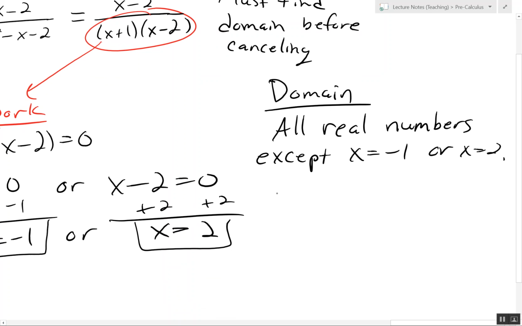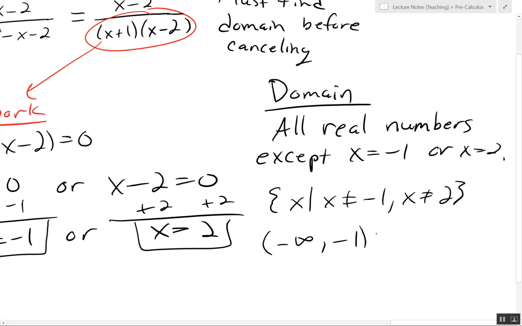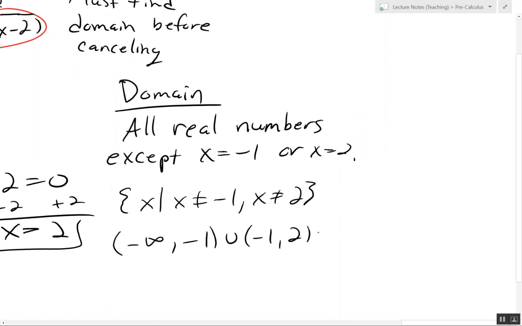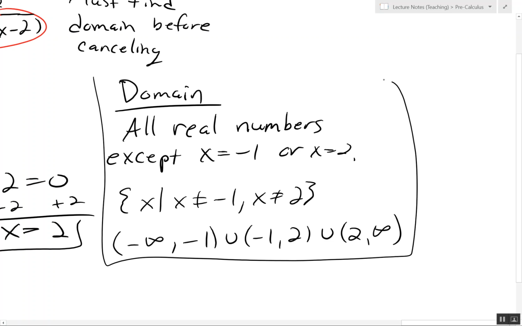In terms of set builder notation, we'll use this ugly bracket: the set of x such that x is not equal to -1 and x is not equal to 2. Or we can use interval notation again: negative infinity to -1, union -1 to 2, union 2 to infinity. So any one of these formats for the answers is acceptable.